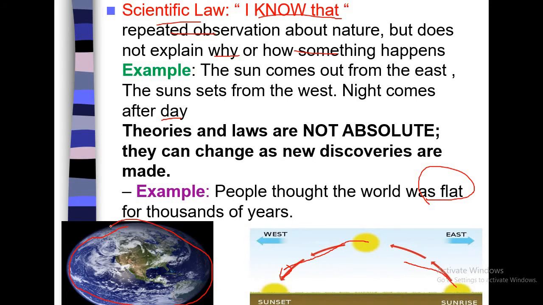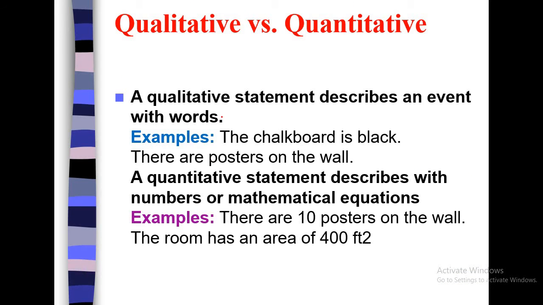Qualitative versus quantitative. A qualitative statement describes an event with words. For example, the chalkboard is black. There is a poster on the wall. This describes an event, and it is called a qualitative statement.